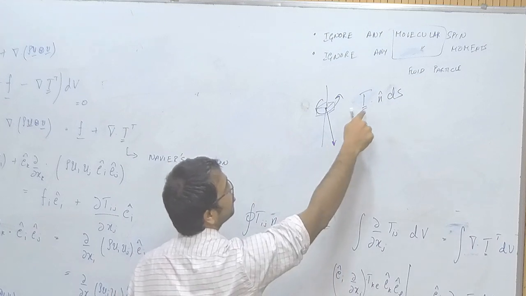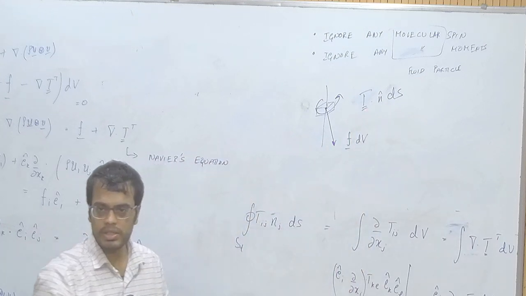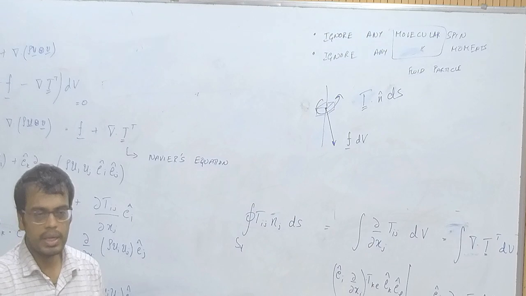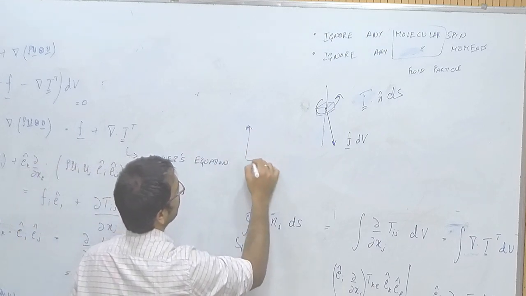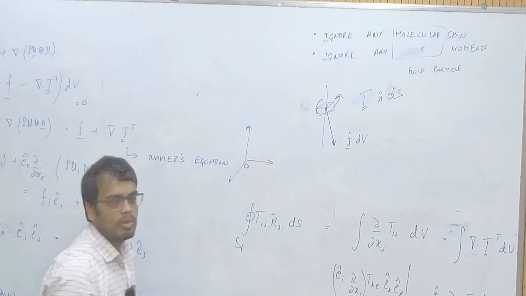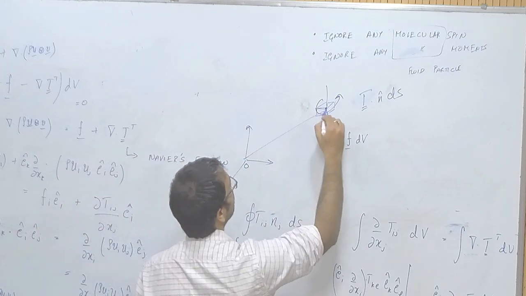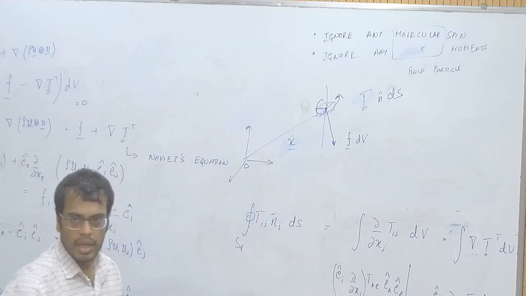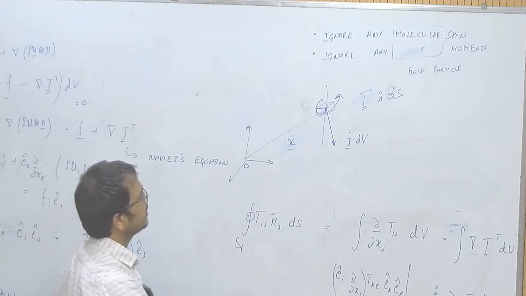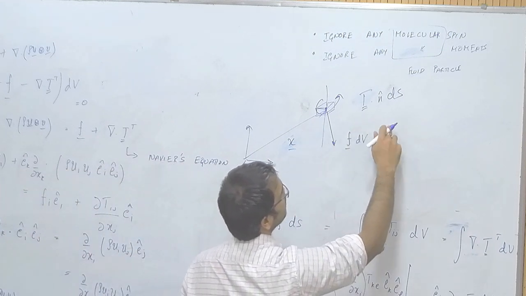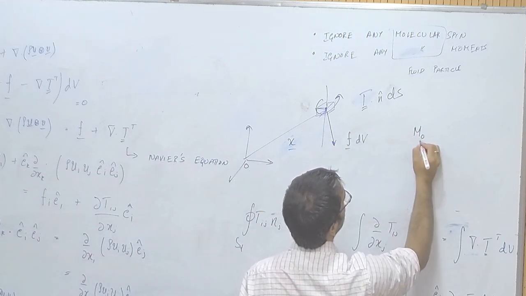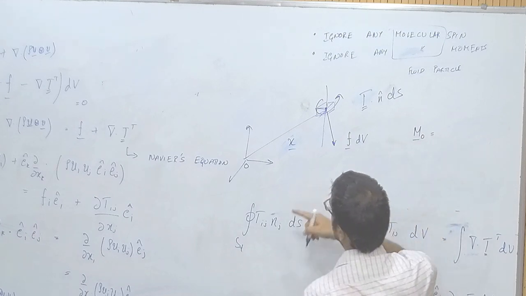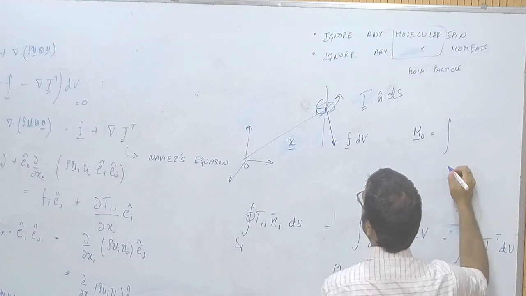And the moment generated due to these forces is all that we are going to consider about some origin O. So, I am going to write this position vector as x. And the net external moments about O are basically the cross products of these forces only.